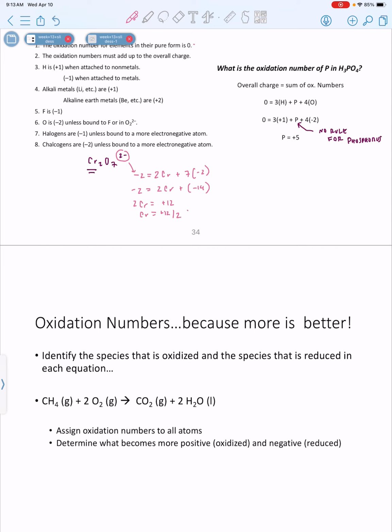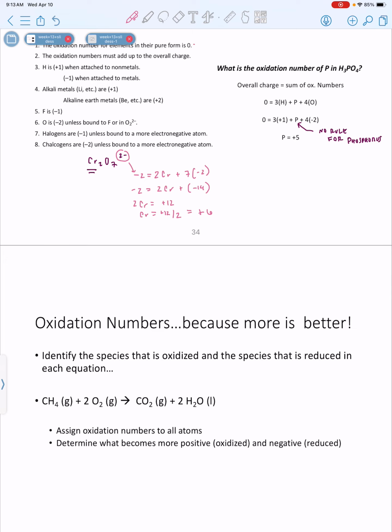Now, keep in mind, this process just gives you an average oxidation number because it has nothing to do with the actual structure. It's just looking at the formula and saying, how do I organize the pieces? We know in some kind of organic molecule, like maybe acetic acid, that if we calculate the oxidation number of the carbon in the methyl group, it should be different from the carbon in the carboxylate group, right?